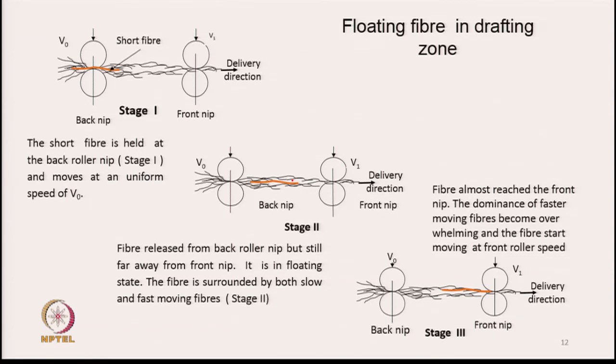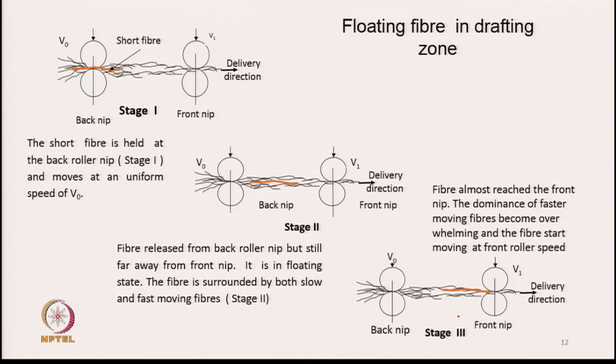It may not have been gripped till now, but in this particular situation in stage 3, the fiber is yet to reach the nip, but is very close to it. The majority of the fibers surrounding this fiber in this location are all moving at the front roller speed, and therefore the influence of the front fibers will be overwhelming, and all of them will try to drag the fiber at their speed, that is at the front roller speed.